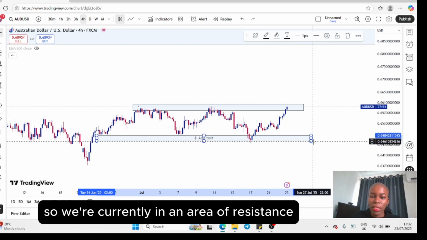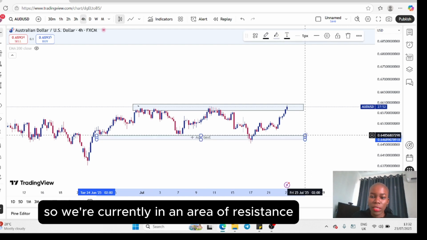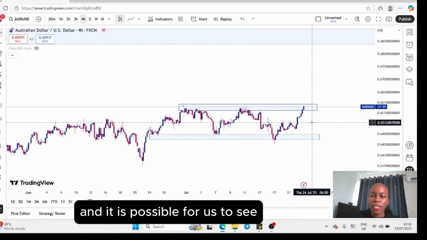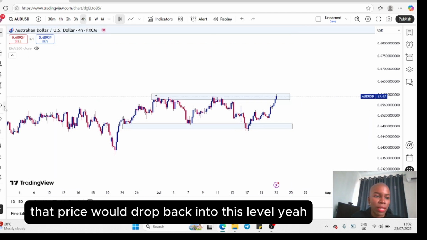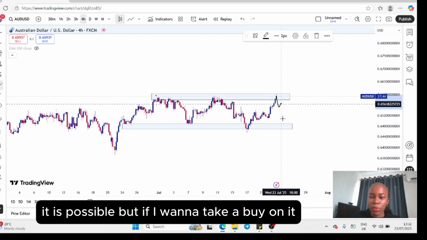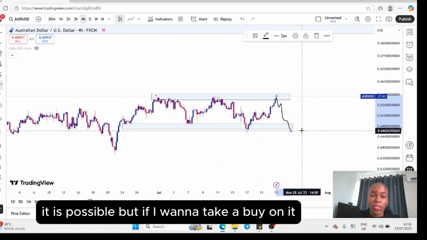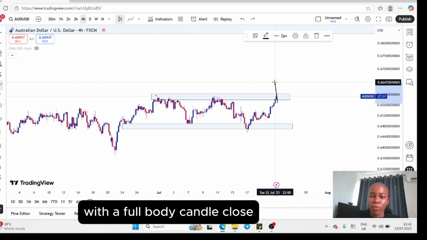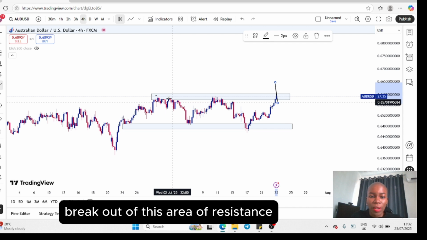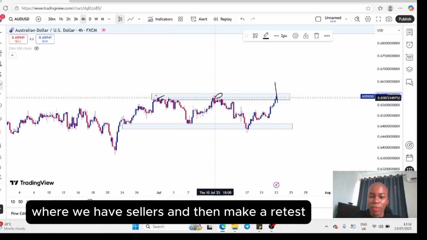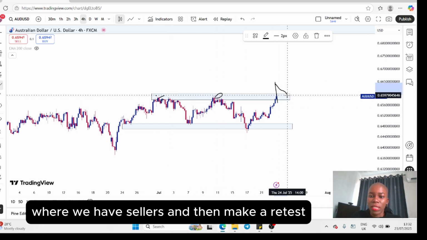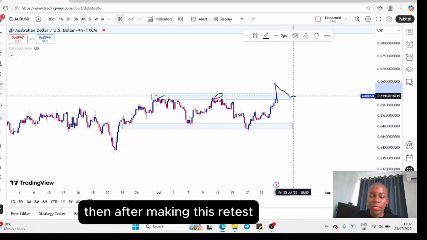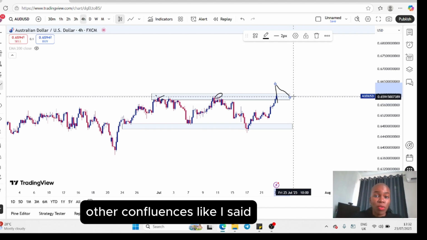So we're currently in an area of resistance, and it is possible for us to see that price would drop back into this level. Yeah, it is possible. But if I want to take a buy on it, I would wait for it to clearly break out with a full body candle close, break out of this area of resistance where we have sellers, and then make a retest.